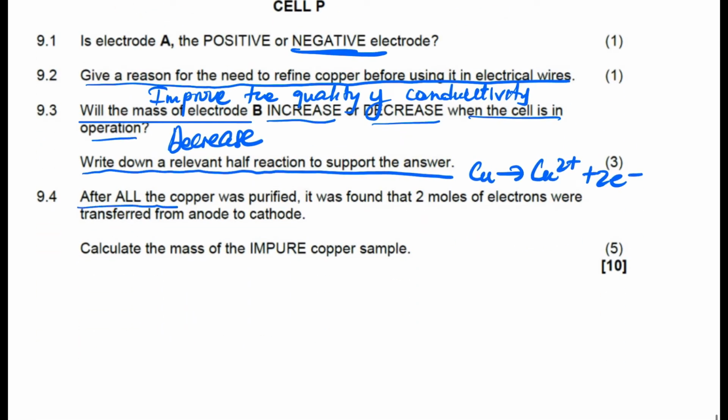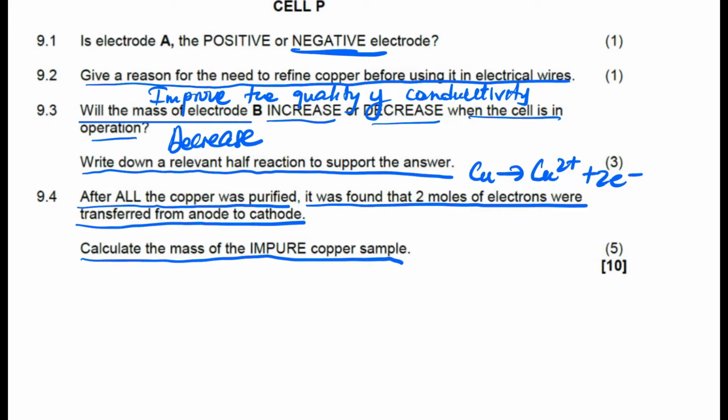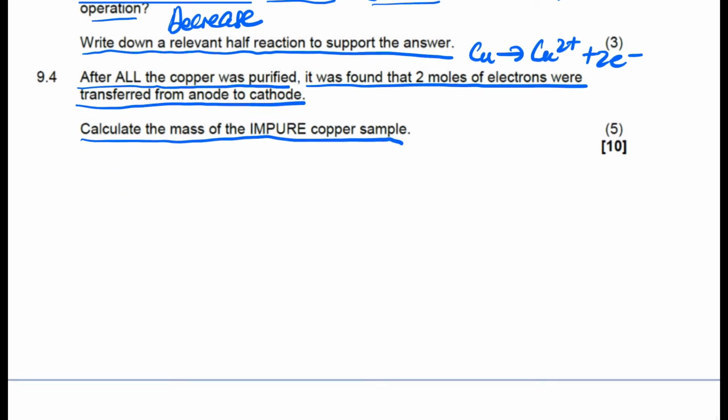It says, after all the copper was purified, it is found that 2 mole of electrons were transferred from the anode to the cathode. Calculate the mass of the impure sample. We're given the 2 moles of electrons.